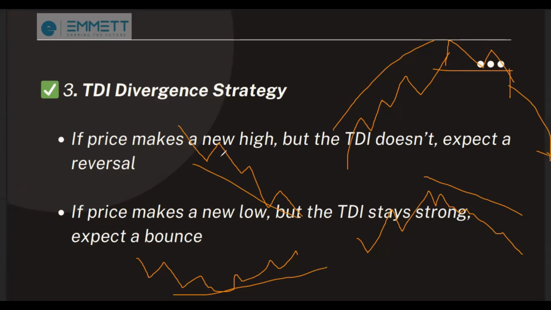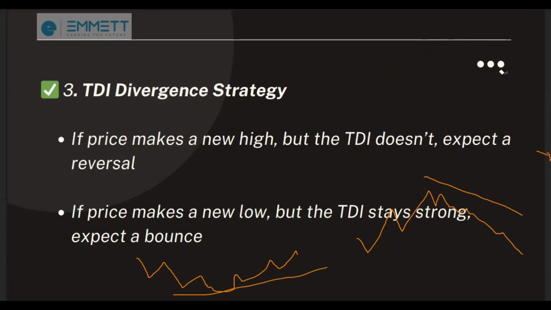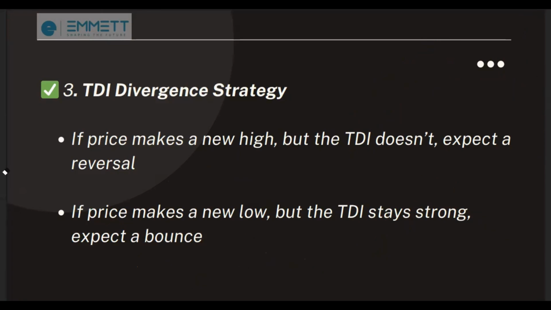But then we have hidden divergences. For a hidden divergence, the market could make something like a double bottom, or maybe even a shortened second leg. When you look at what is happening at the TDI, you realize the first leg is created like that, and the second leg is created like that.